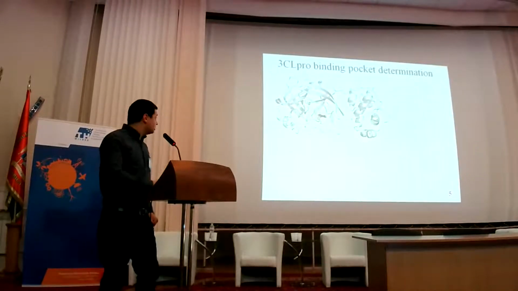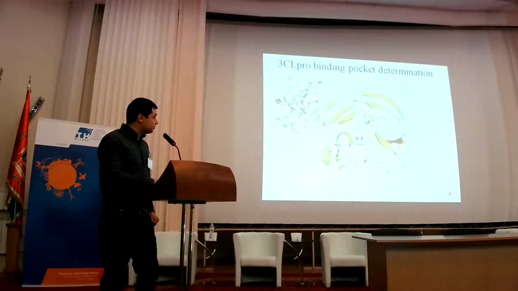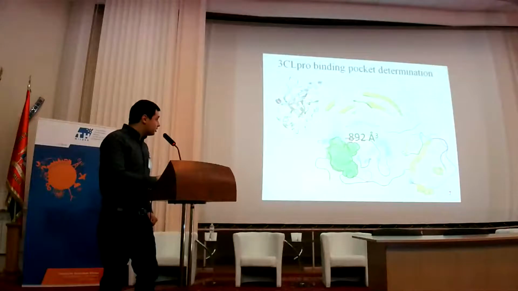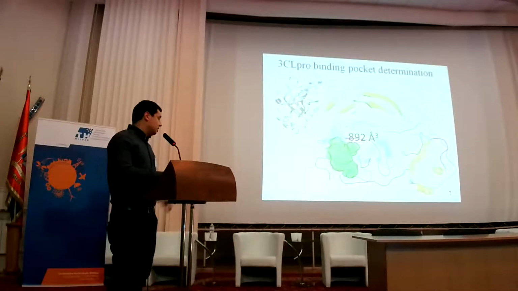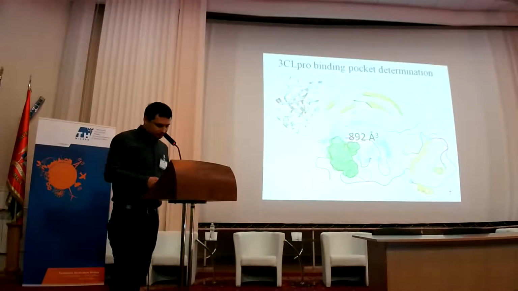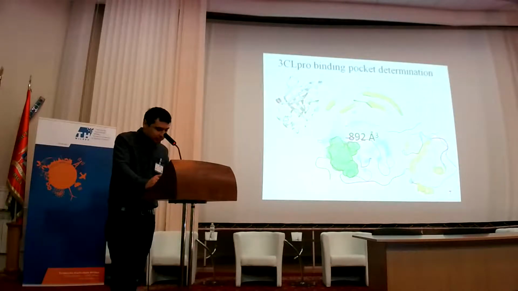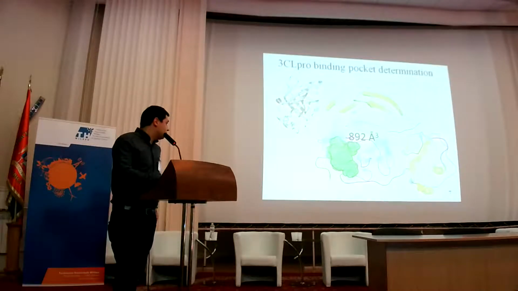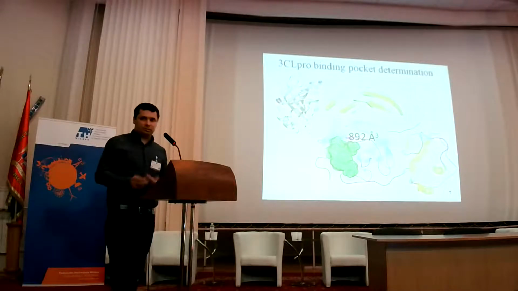Here you can see the full structure of C60 protease, the catalytic domain, then the increased size of the catalytic domain. We did the surface analysis of the full structure, but the only possible way to bind this fullerene was this catalytic binding pocket because of its volume.